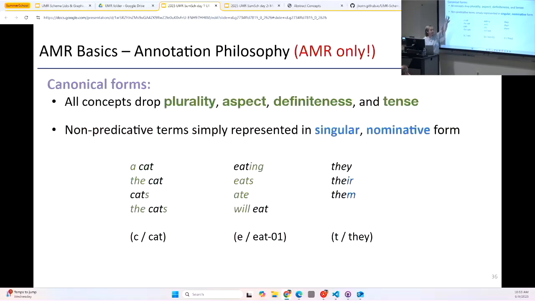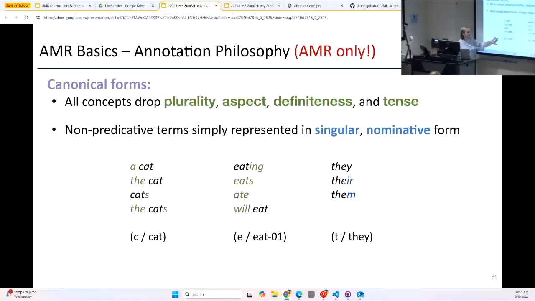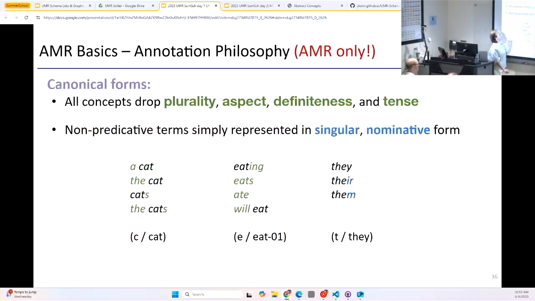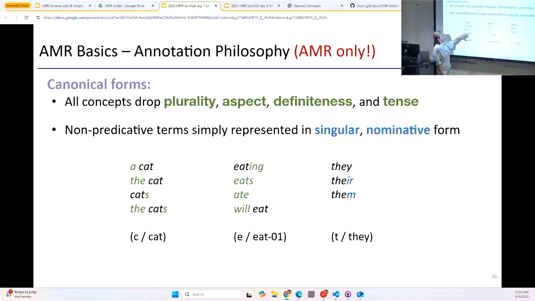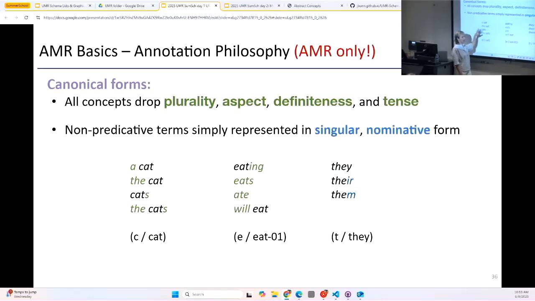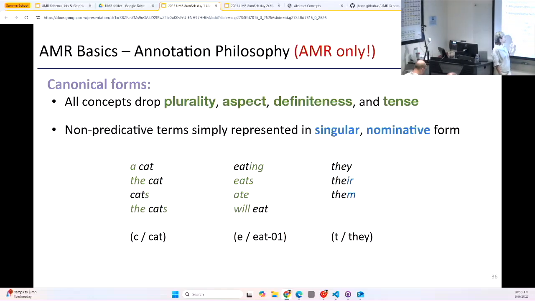And then this is something that only AMR did. We've gotten away from this in UMR. In AMR, everything was normalized so that it was singular, it was nominative, a cat, the cat. You didn't mark definiteness, you didn't mark plurality. Inflection was pulled off of verbs.